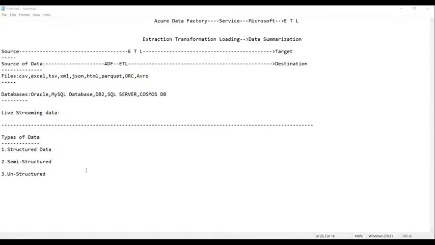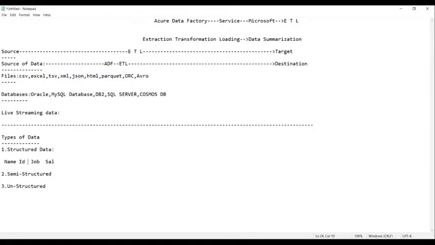Now let us understand what exactly structured, semi-structured, and unstructured are. Structured data is data that is already placed in the form of proper rows and columns. For example, I have name, ID, job, salary.